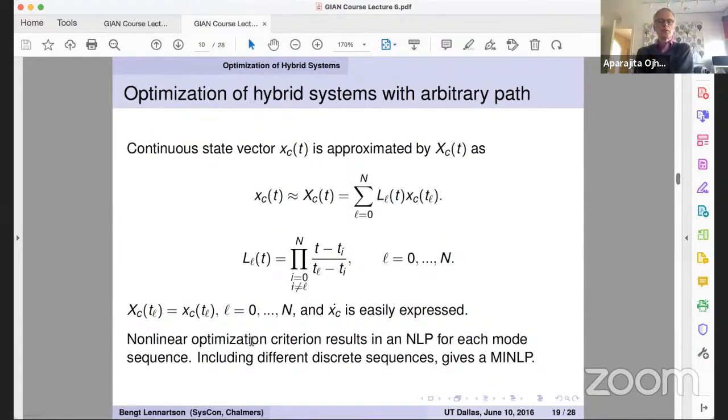So a nonlinear optimization criterion results in a nonlinear programming problem, an NLP. And if we then also include the discrete sequences, it gives us a mixed integer nonlinear programming problem, MINLP. And what we have is the possibility to describe the continuous differential equations describing, say, the robot motions.